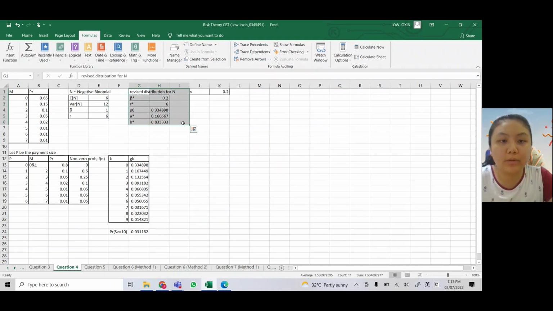Here we are trying to find the revised distribution for N. For the new beta, we will multiply the original beta by the probability of P larger than 0, so we will get 0.2. And for r, we will just keep it as 6.